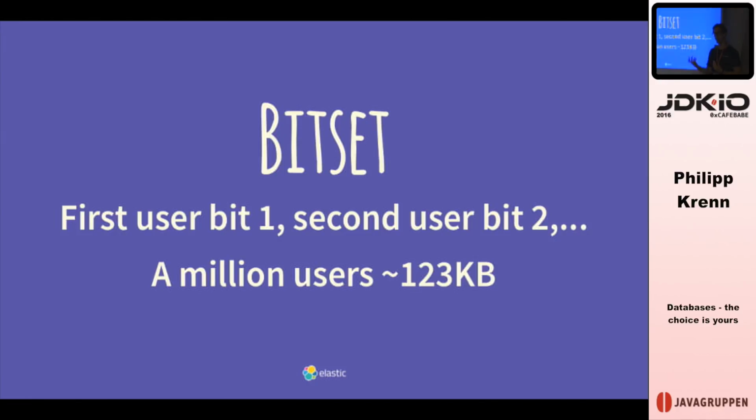And if user 1 has logged in, you simply flip his bit to 1, and then you know he has logged in. So if you have 1 million users for that hour, just to track who has logged in, you need, I don't know, 120, 125 kilobytes of data approximately. Just one bit for each user. You simply flip that bit, and then you can actually see who has logged in during that hour.